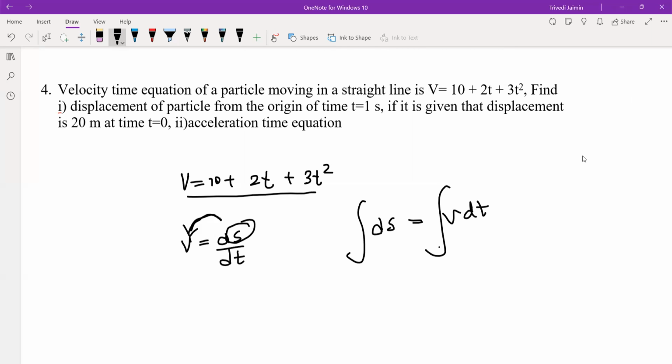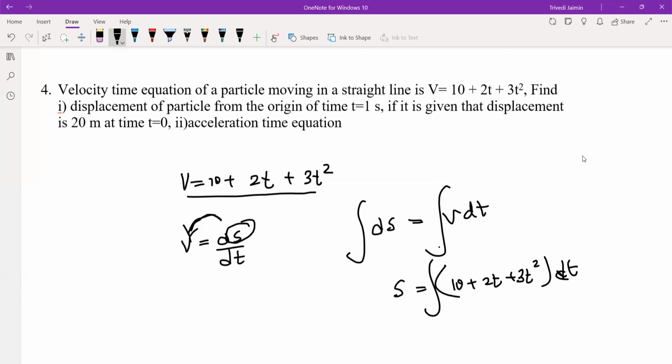If you integrate ds, you get displacement s, and we integrate the equation 10 plus 2t plus 3t square with respect to dt.